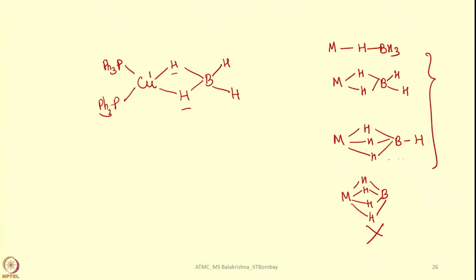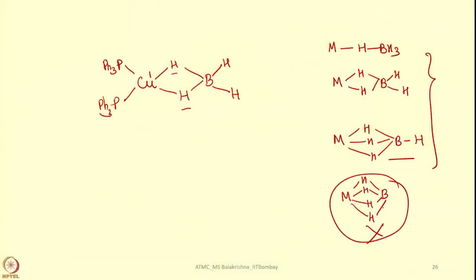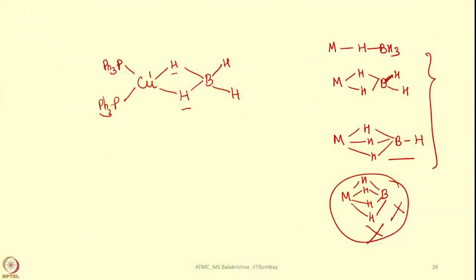On the other hand, in this case it can have some sort of pyramidal, still it can retain distorted tetrahedral geometry, whereas in this case it is not possible. As a result, this kind of utilizing all 4 hydrogen atoms for establishing bridging cannot be seen, whereas these things are quite possible here.